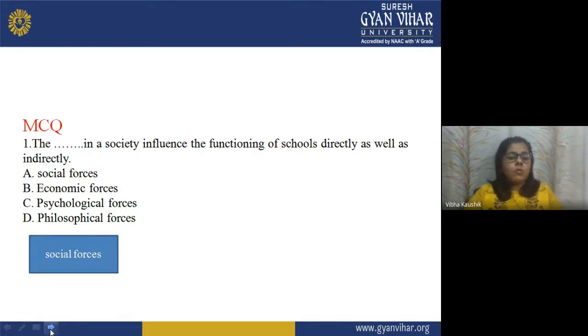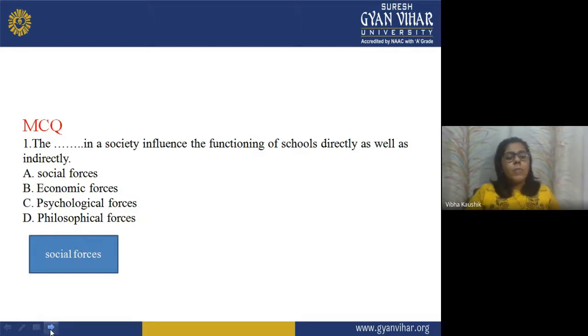Now, the first one: the dash in a society influence the functioning of society, schools directly as well as indirectly. Now, what is that? Which is influencing the functioning of schools, and it is not affecting the functioning of schools only directly, but it is also affecting indirectly.